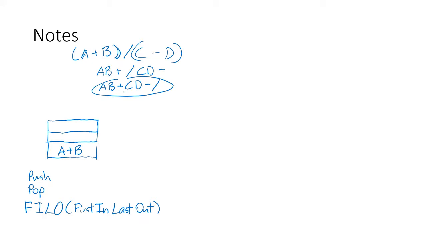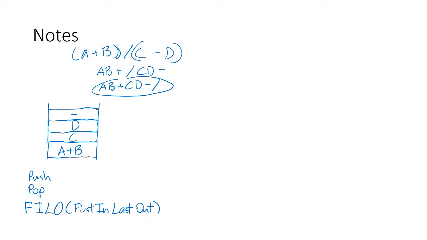Alright, let's keep looking through this input. Next, I read in a C. So I'm going to push a C tray on top of our stack. And then I read in a D. I'm going to push a D tray on top of our stack of trays. And then I read in a subtraction, an operator.